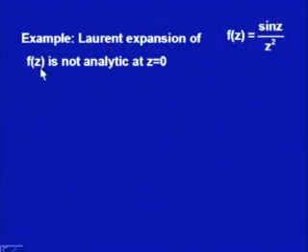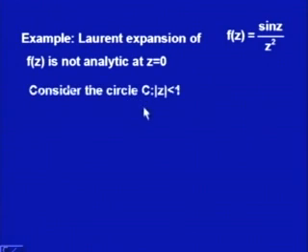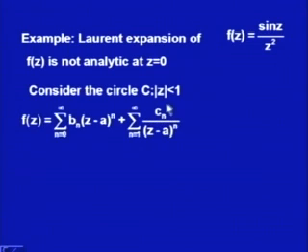So, let us consider f(z) as sin z upon z square, and since f(z) is not analytic at z equal to 0, we consider the circle C, modulus z less than 1. Then in this circle we can write down f(z) as the summation of b_n over (z minus a) raised to power n, plus summation n equal to 1 to infinity of c_n (z minus a) raised to power n.